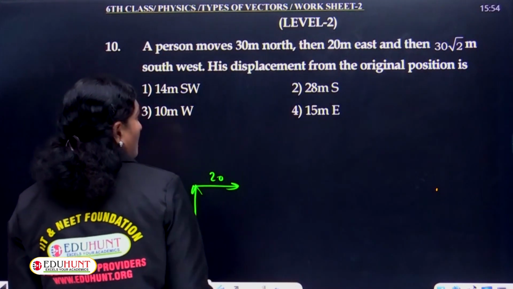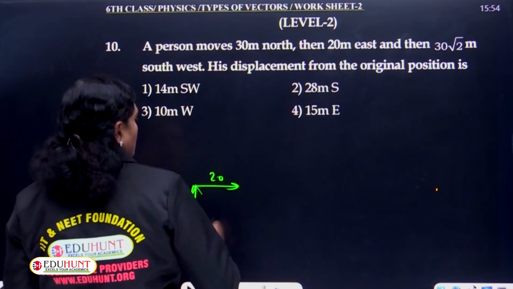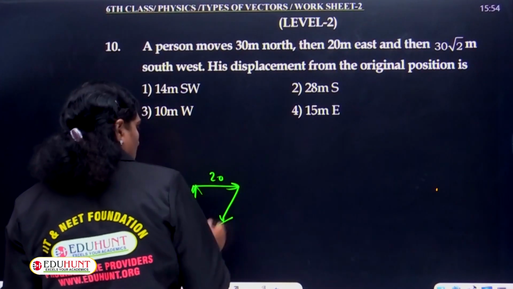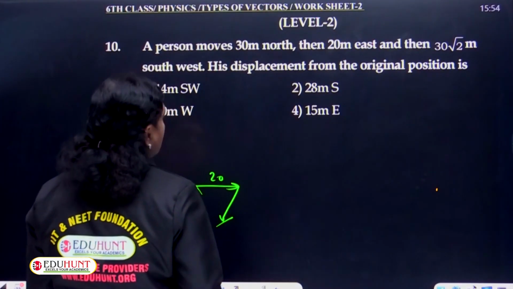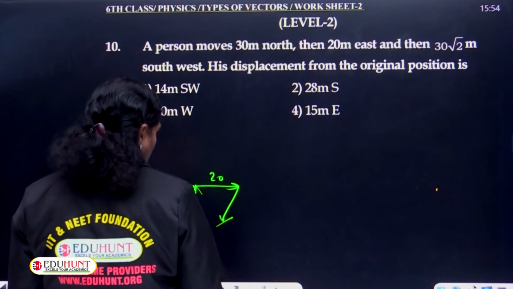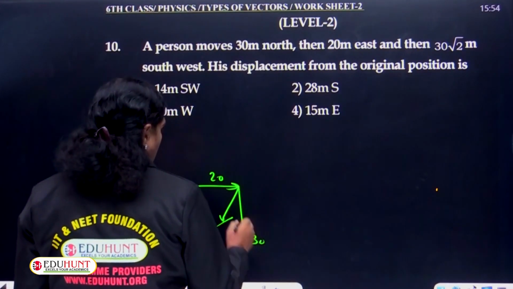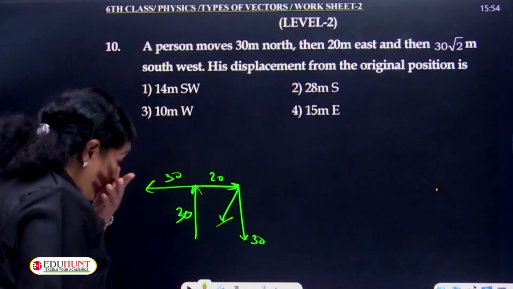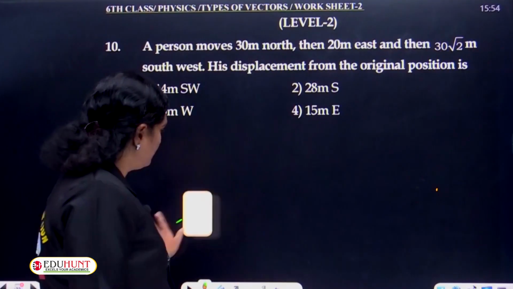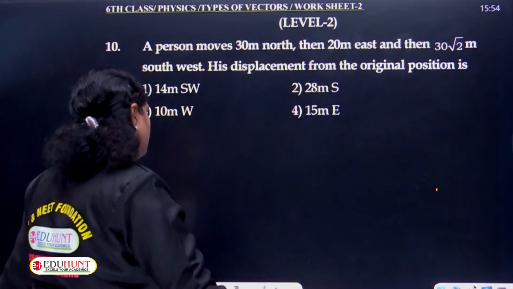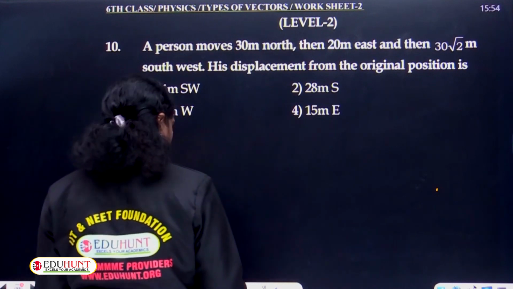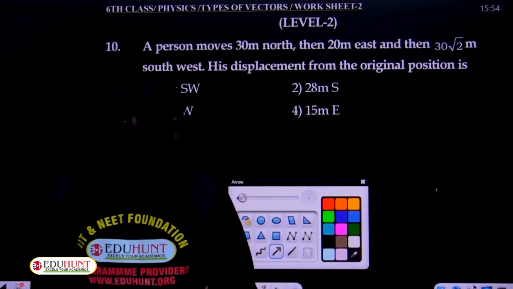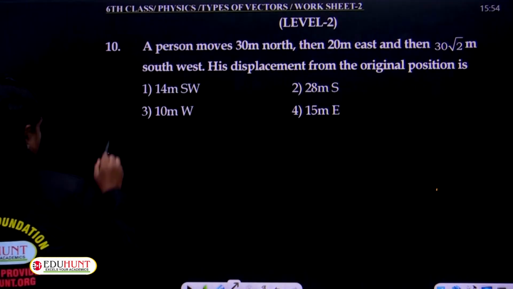And 30 root 2 meters southwest. His displacement from the original position. Oh my God. How to explain to the children, let us do it.